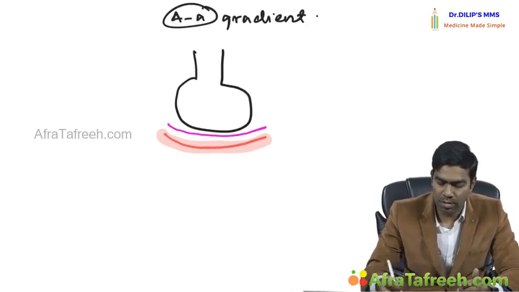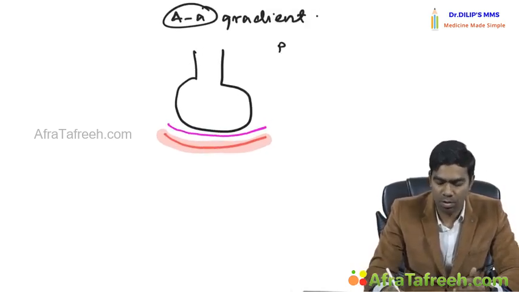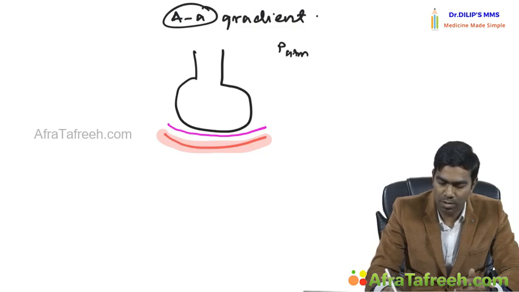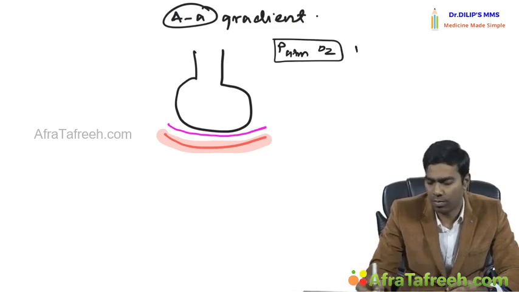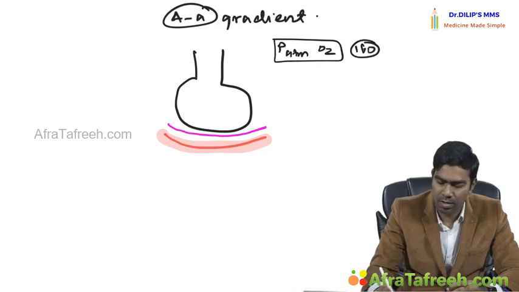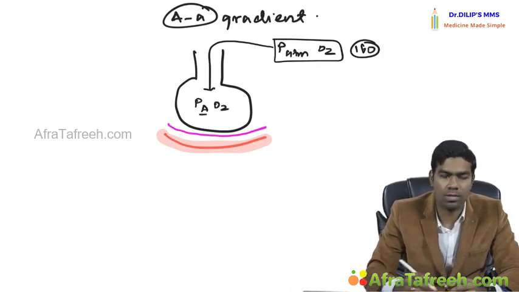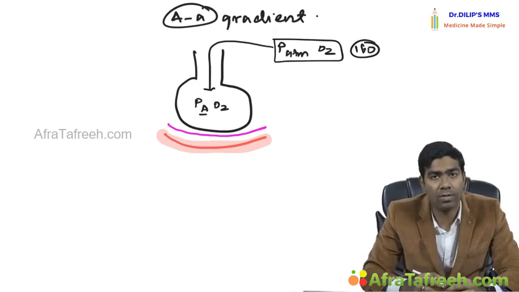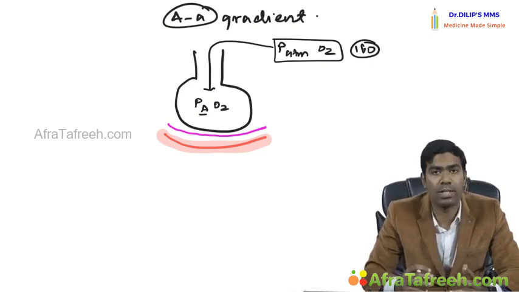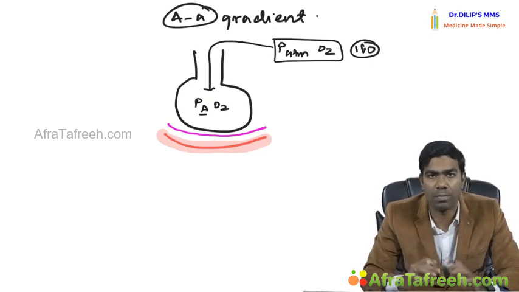As I told you, your partial pressure of atmospheric oxygen is approximately 150 to 160 millimeters of mercury, which comes in and forms the partial pressure of alveolar oxygen. The partial pressure of alveolar oxygen is not going to be the same as that of atmospheric oxygen.